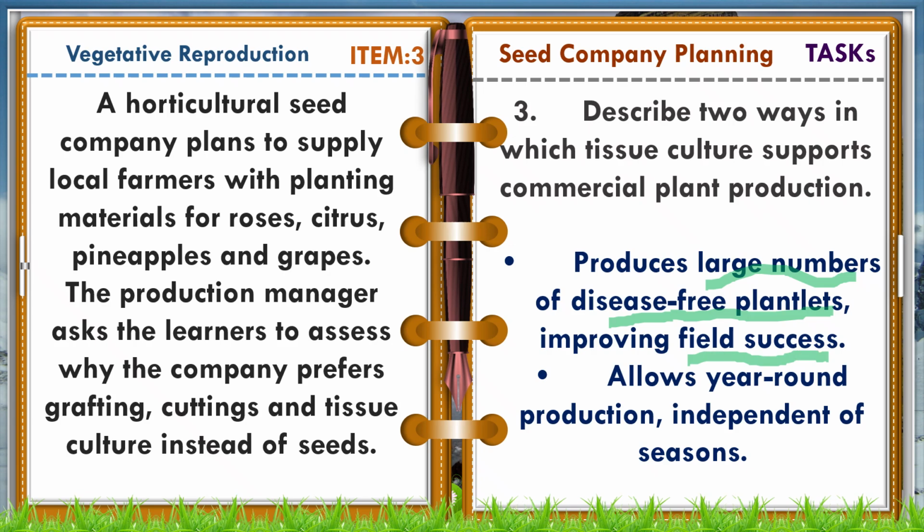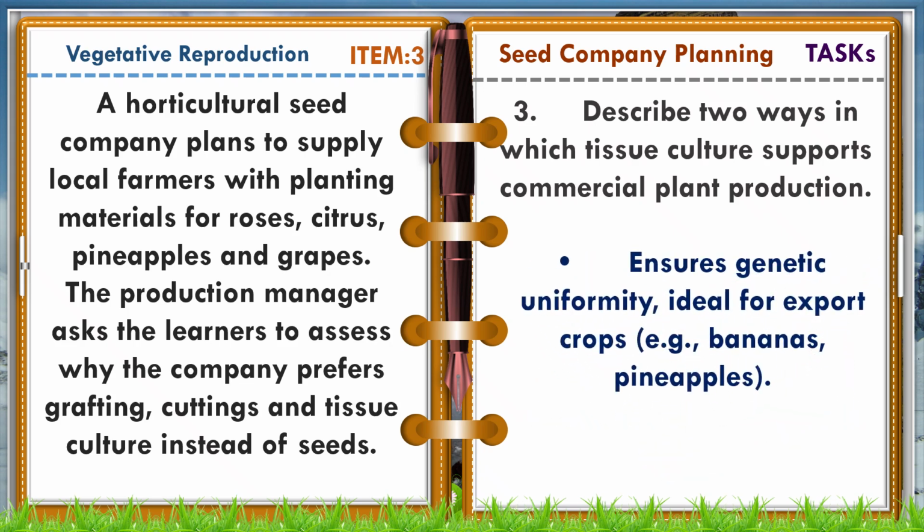It allows year-round production, independent of seasons. It ensures genetic uniformity, ideal for export crops like bananas and pineapples.